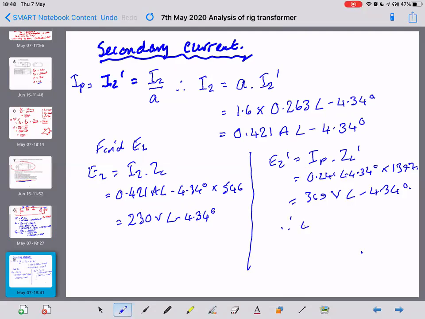Therefore, E2 is equal to E2 dash over A, which is 369 angle minus 4.34 over 1.6. I think you should get more or less the same result. Yeah, pretty much. 231. So 3 significant figures.